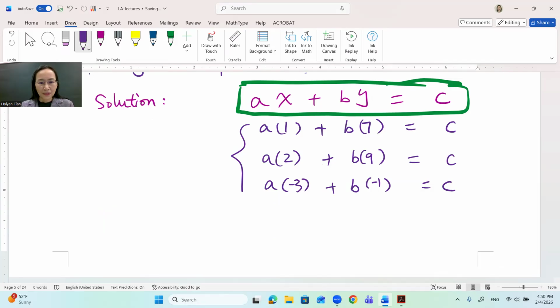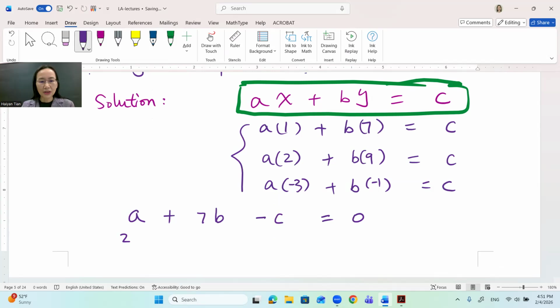Standard form means we can put a times 1, which is still a, plus b times 9, and we can subtract c from both sides of the first equation. So we get 0. You can see clearly the first equation is an equation of 3 variables.